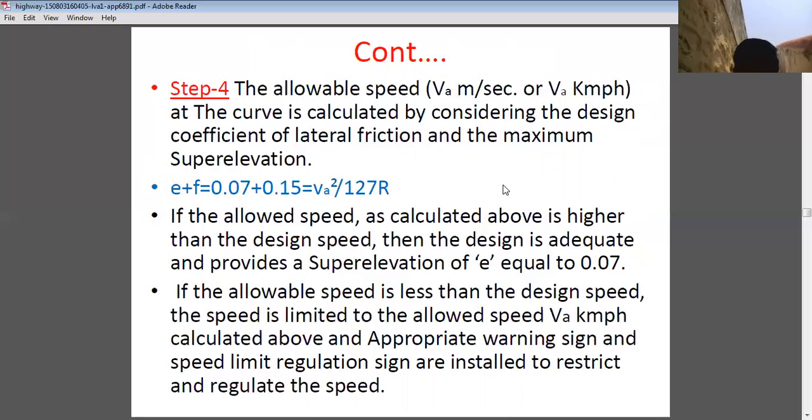If the speed is less than the design speed, the speed is limited to the allowable speed Va kmph. Whatever value you get for Va is the value of the design speed.